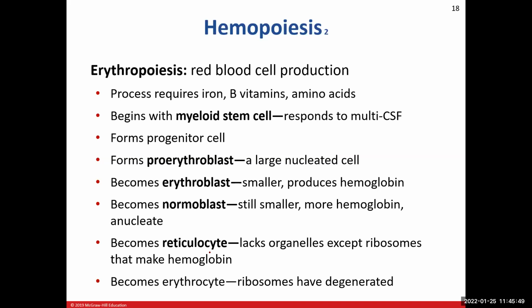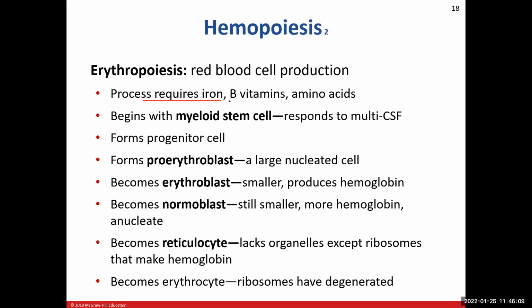So let's look at erythropoiesis. How do we make red blood cells? Well, we need some ingredients, obviously. Red blood cells are going to eventually carry oxygen to oxygenate tissues, and we need iron, Fe, because that is what the oxygen is going to bind onto.